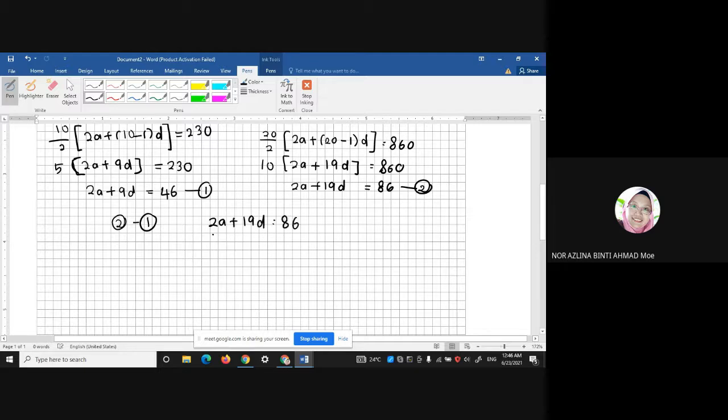Equation 1, 2a plus 9d equal to 46. So I want to subtract. So this cancels. 19 minus 9, this is 10d equal to 40.